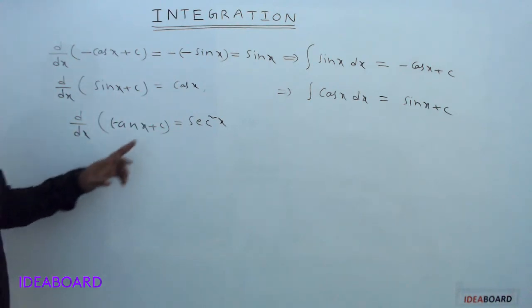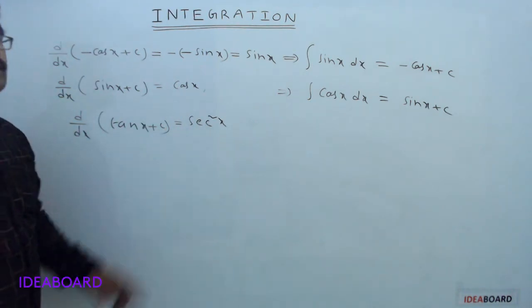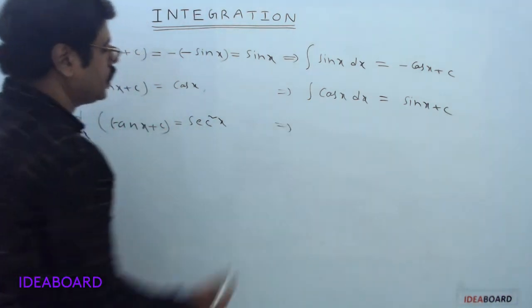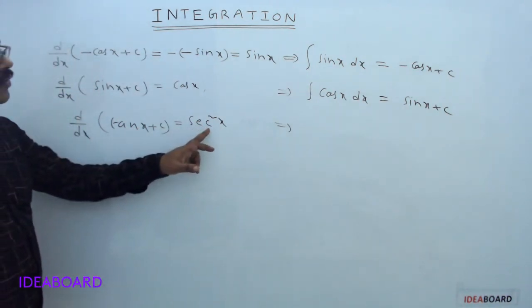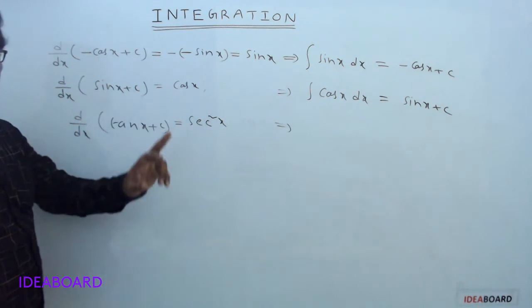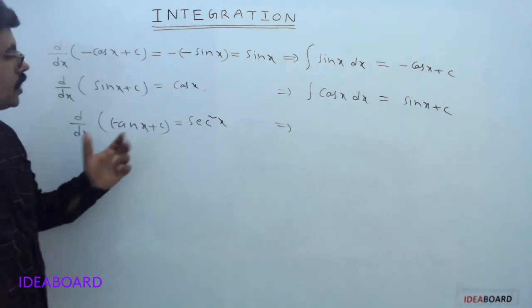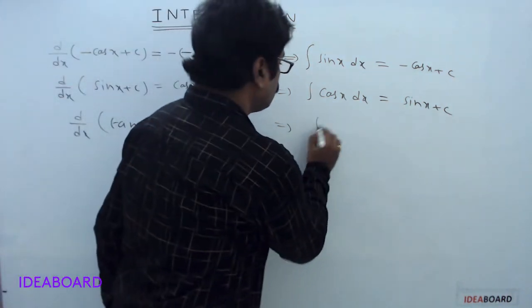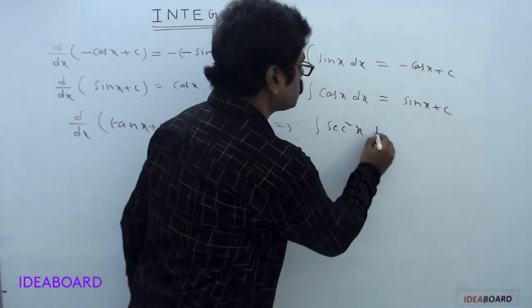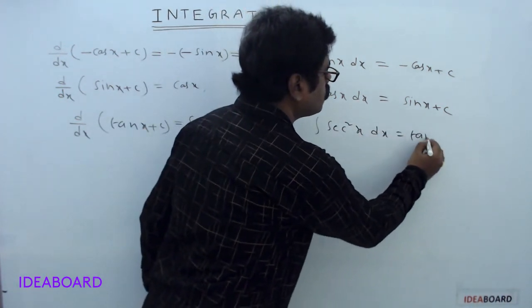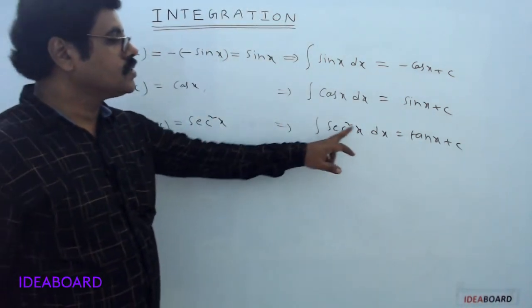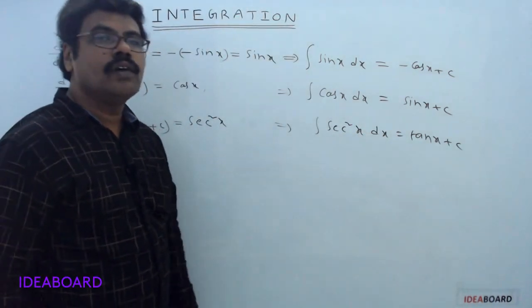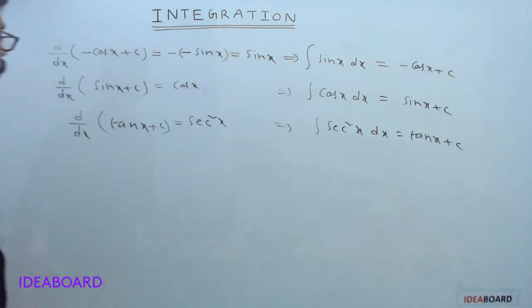If derivative of tan x plus c equals to secant square x, then tan x plus c is called integral of a function secant square x with respect to x, and it can be written as integral secant square x dx is equals to tan x plus c. So integral secant square x dx equals to tan x plus c.